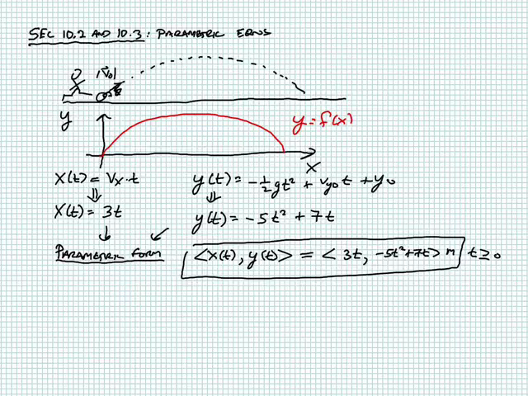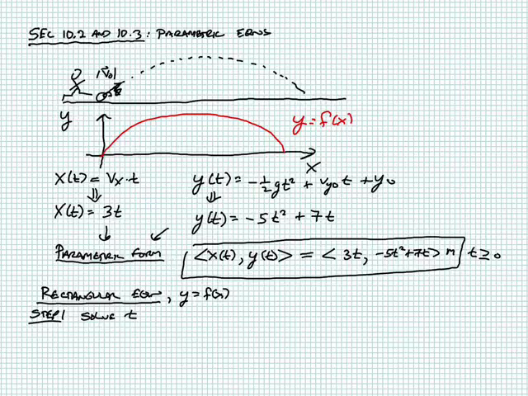So this is our position vector in parametric form. Now, the first thing we want to do in this parametric chapter is get this into a rectangular equation, which is y equal to a function of x. This is something new. The first step, step 1, is to solve for time in the x position equation.